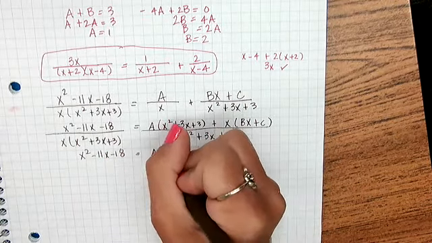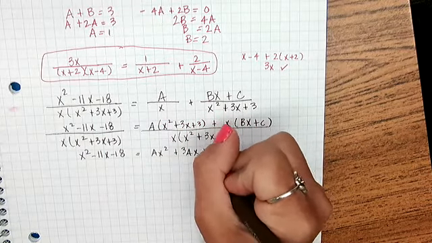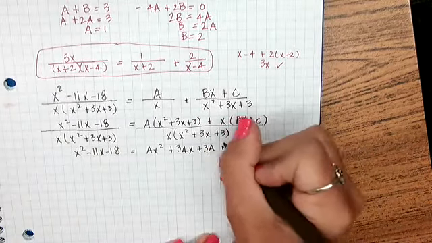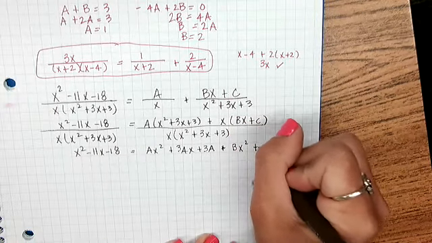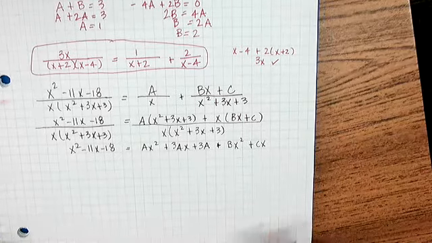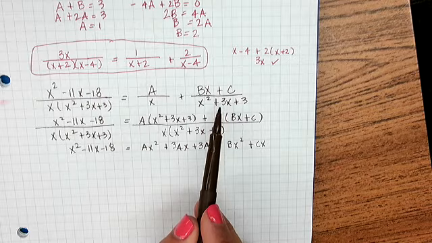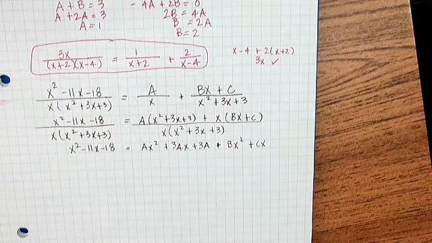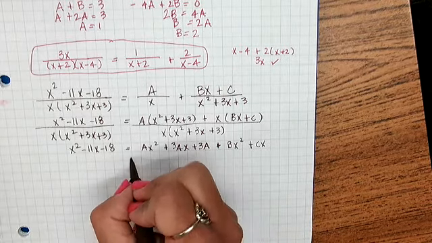Distribute: ax squared plus 3ax plus 3a, plus distribute, and then you get bx squared plus cx. Multiply the first fraction by the second denominator. This is common denominators from, I don't even know, algebra 2 maybe even geometry or algebra 1. Let's group our x squareds and factor.